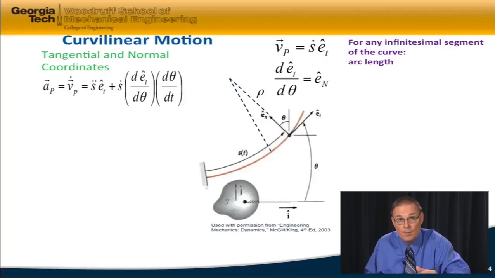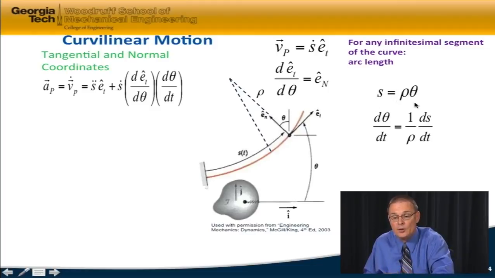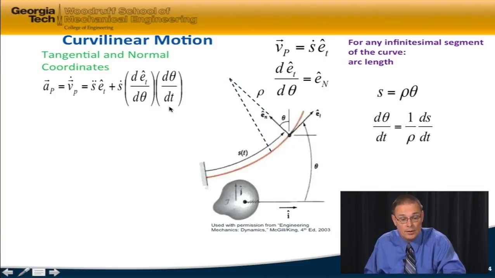So you should remember back from your basic math days that this distance s that you go is equal to rho times theta. Okay? And so if I take the derivative with respect to time for an infinitesimal segment, rho doesn't change, so I get d theta dt equals 1 over rho ds dt.